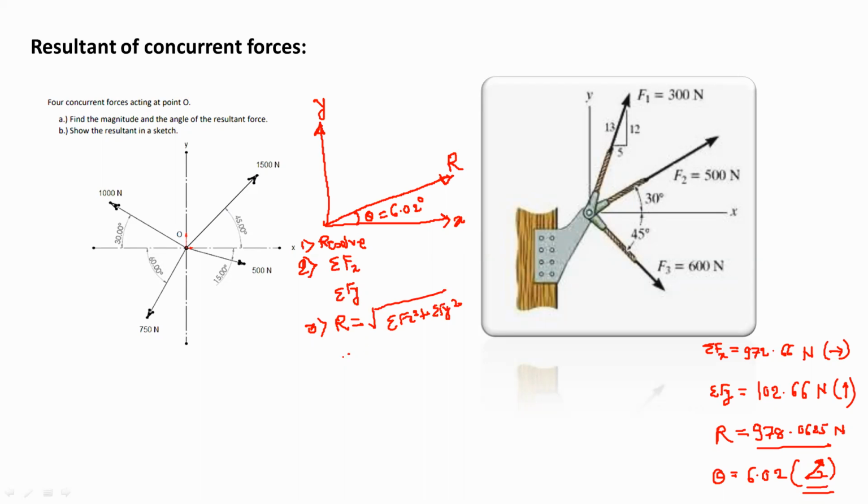And the second formula, for theta, called the angle of resultant, is tan inverse of summation Fy divided by summation Fx. And the last step, the fourth step, is the representation of resultant. Representation means we will replace all the forces and represent them by a single force. That is called the resultant.